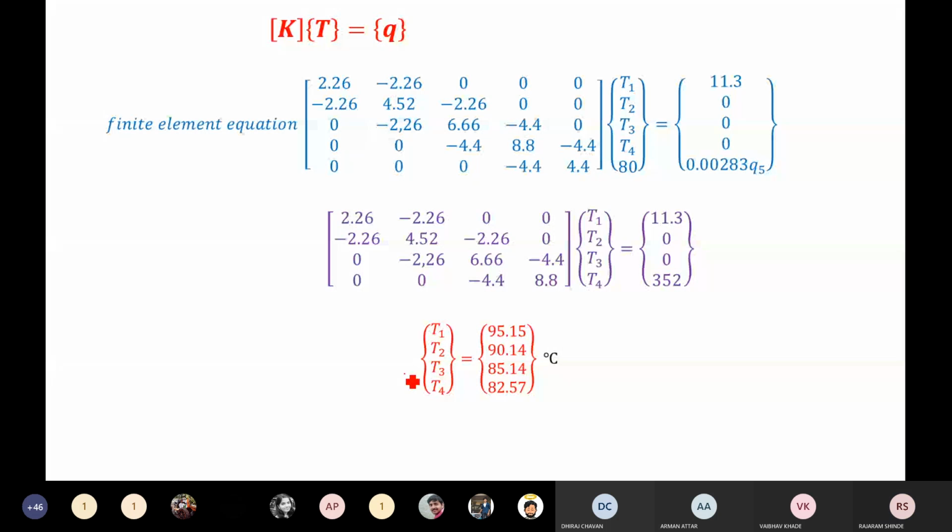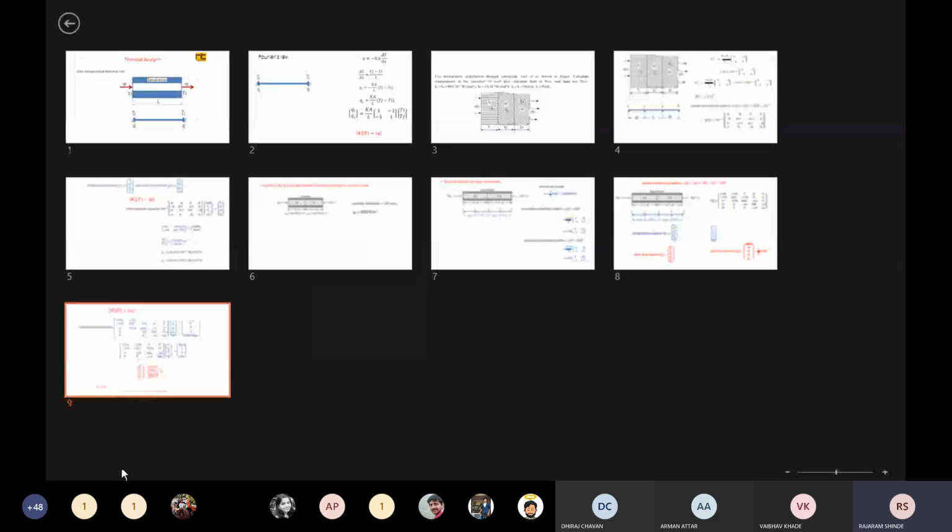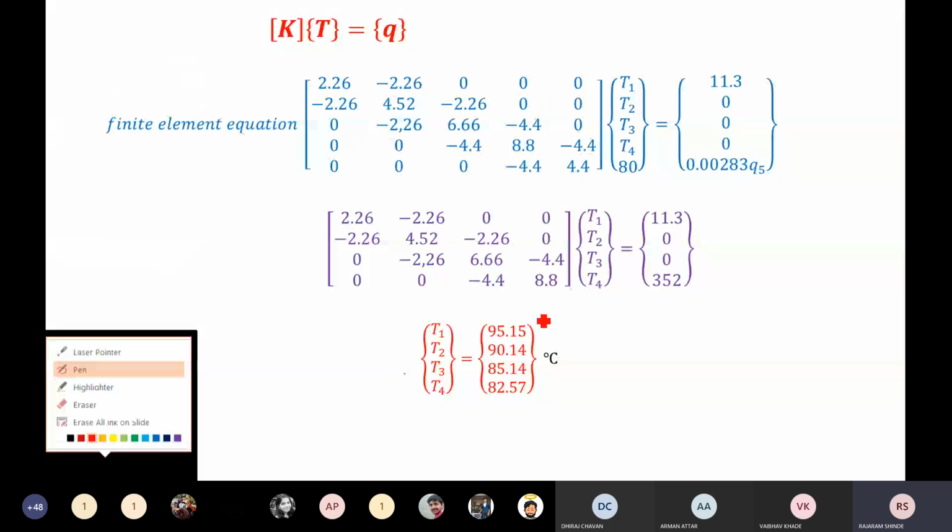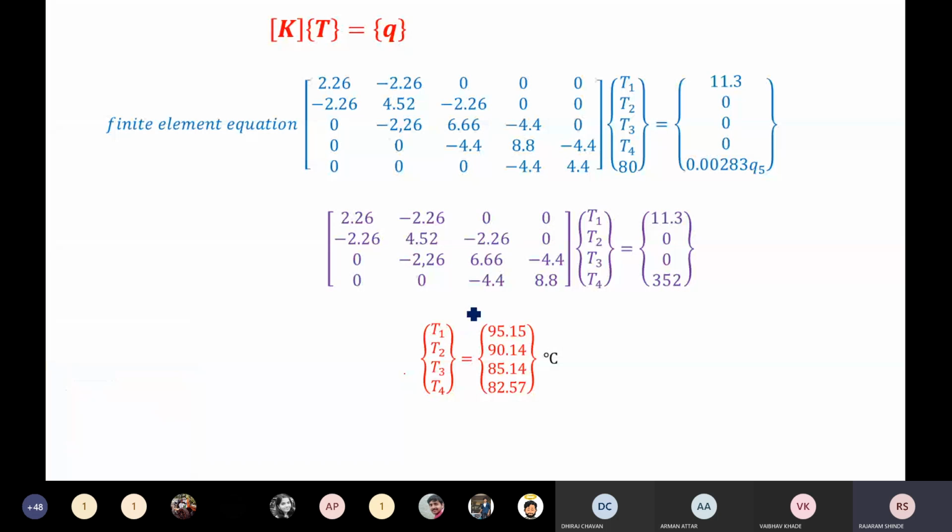Okay. After getting T1, T2, T3, T4, you have to calculate the Q in. That result you can check yourself also.